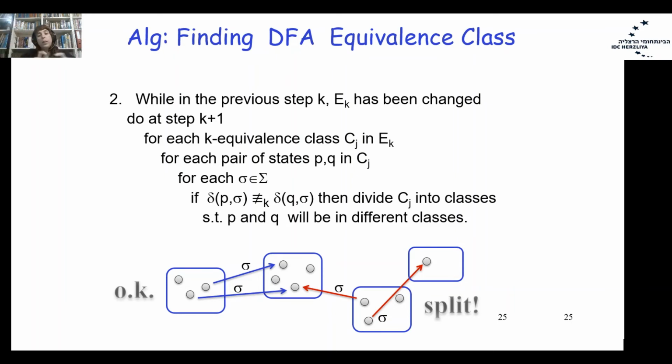Then divide P and Q into different classes. So we divide Cj into at least two classes, where P moves to one class and Q moves to a different class.